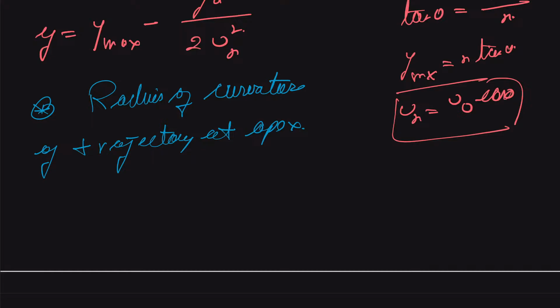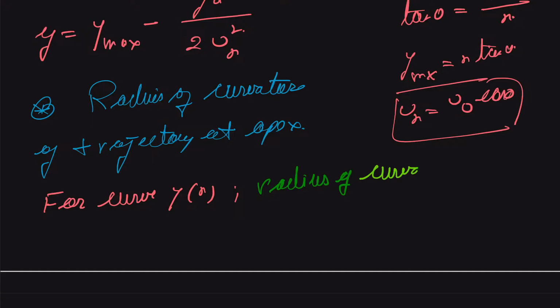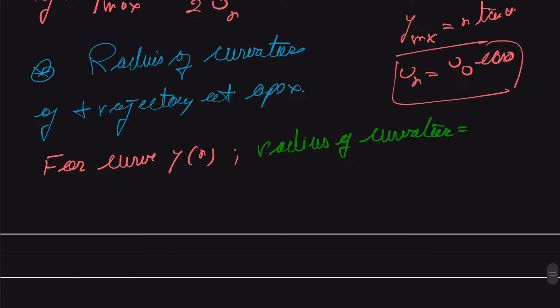So for a curve y of x, let us suppose the radius of curvature is given as rho.